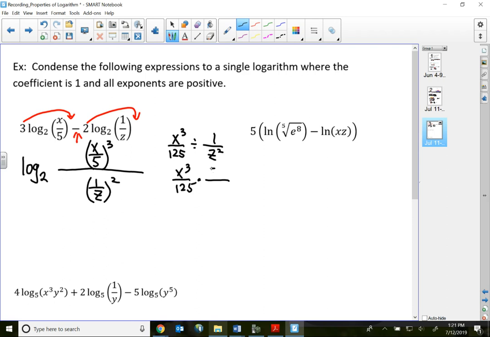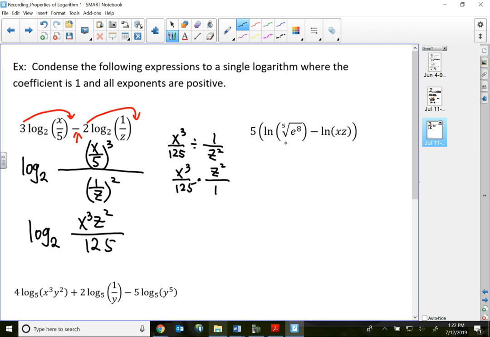So that means that z squared will go to the top, 1 will go in the bottom. So once I multiply, my final answer here for my single logarithm will be log with the base 2 of x to the third z squared over 125. Okay, so I got to simplify this a little bit. All right, this one is very interesting here.